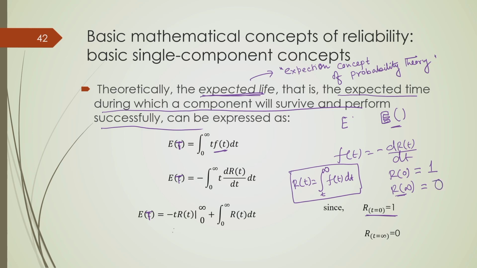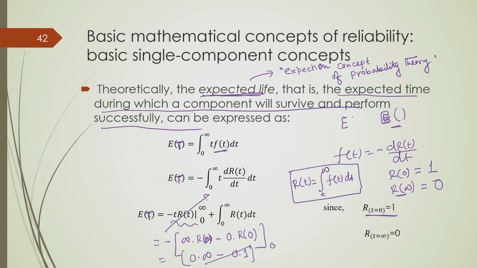Okay. Now, if you look at this part, it gives you minus infinity multiplied by R(infinity) and 0 multiplied by R(0). Now, since we know that R(infinity) is equal to 0, this part will be equal to infinity multiplied by 0, and this part will be equal to 0 multiplied by 1, which will result in 0.